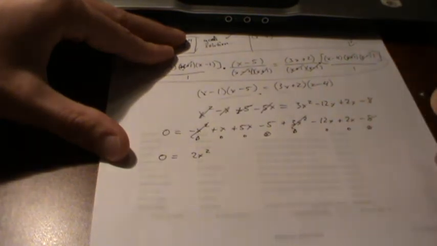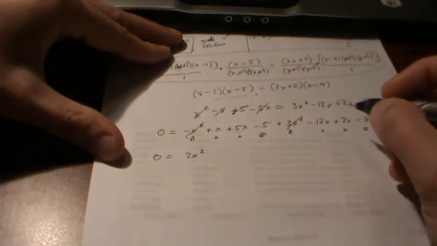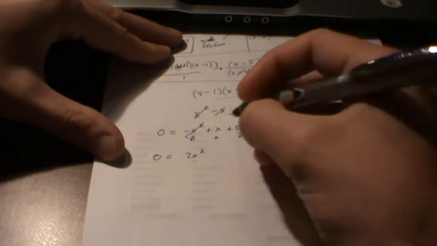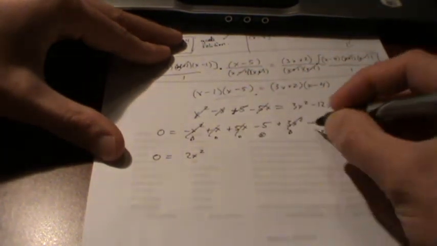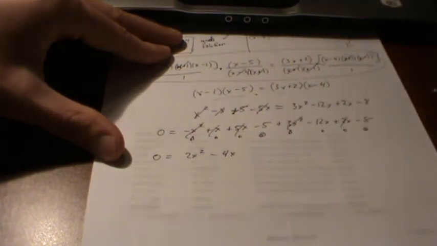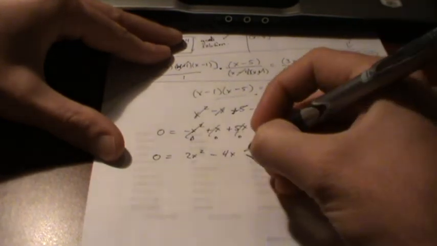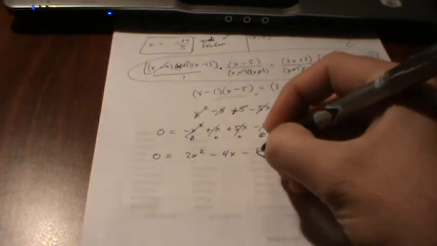Got it? Got it. x and a 5x is a 6x. Plus 2 more is 8x. Minus 12x is a negative 4x. Then the 5 and the 8 is a minus 13. And now I've got this.